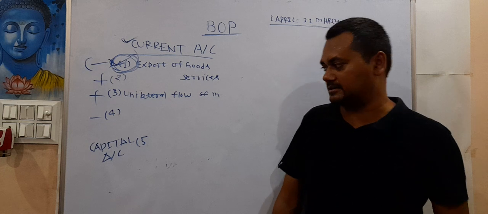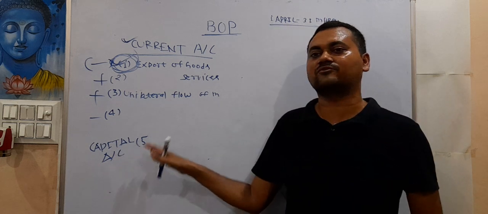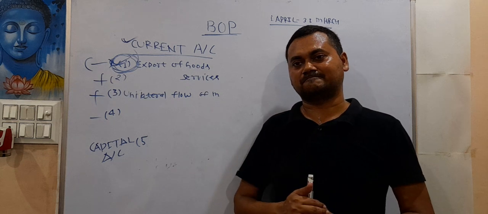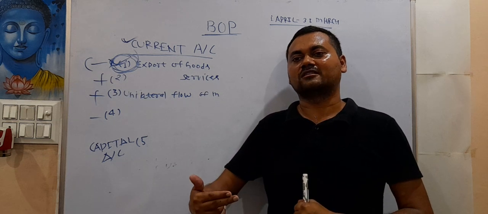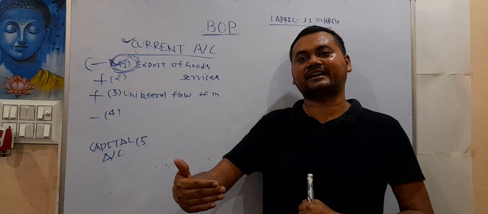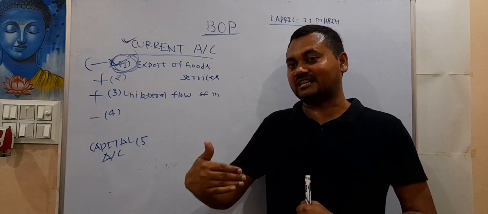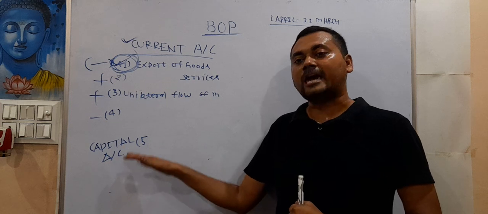So in this case, Vijay Mallya has a limitation. He alone cannot get as much as he wants, because his transaction belongs to the capital account.